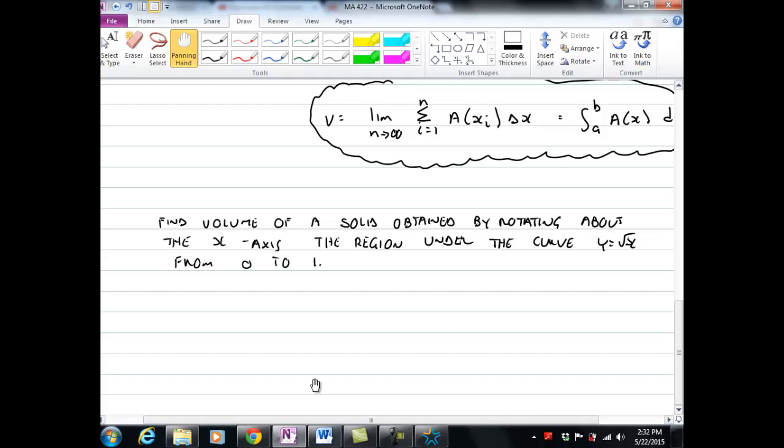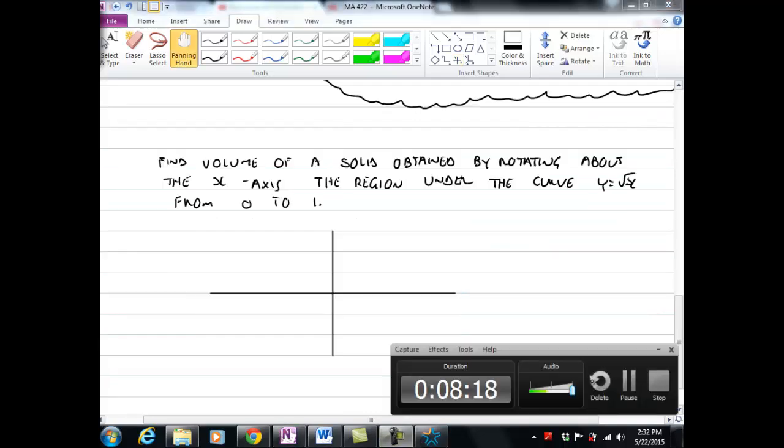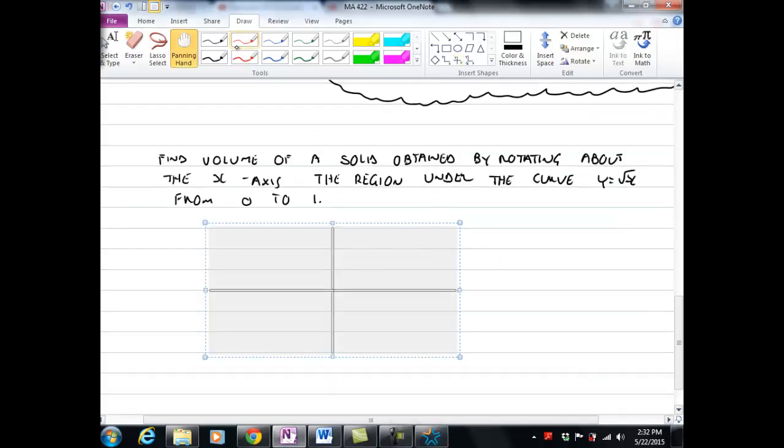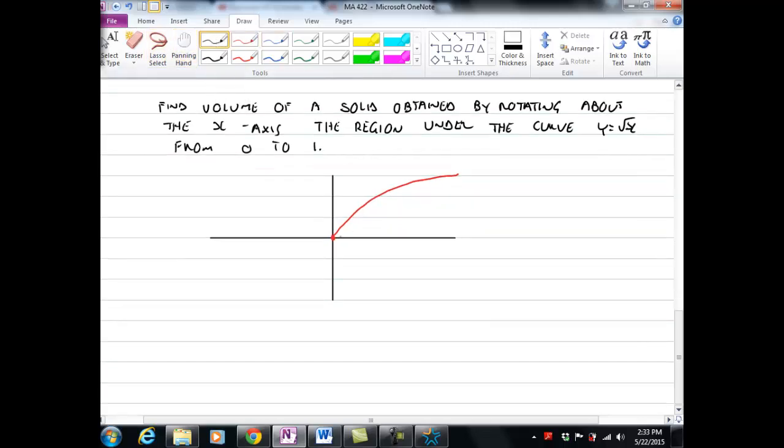First thing you're going to do is sketch out y equals root x for me, please. You need to know a rough sketch. So it looks something like this, from 0 to 1. Here's what the question says. We're going to take this line and rotate it about the x-axis. Highlight this for me, please.